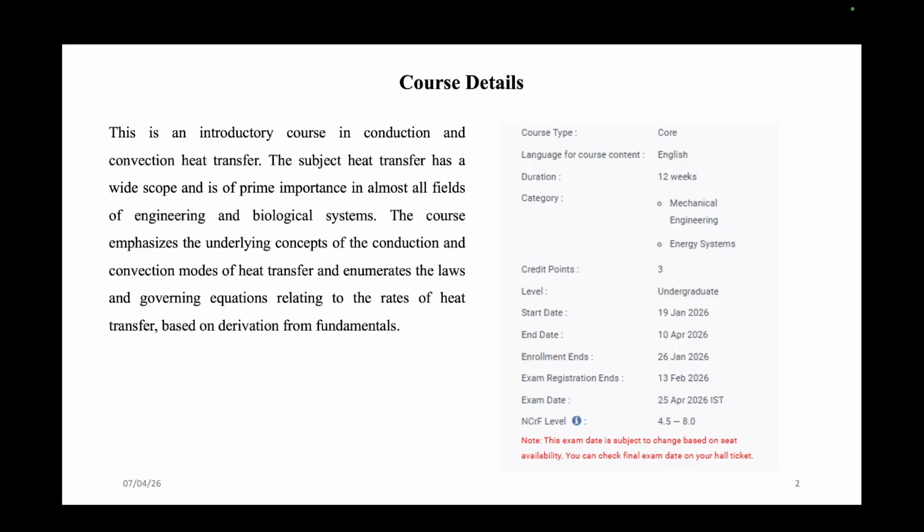So your exam is knocking at the door, and it is on the 25th April. If you are preparing for this exam, the first suggestion is to go through the fundamental concepts. Though there are derivations, and most students find these derivations quite hard, my suggestion is that you just try to remember the starting approach.